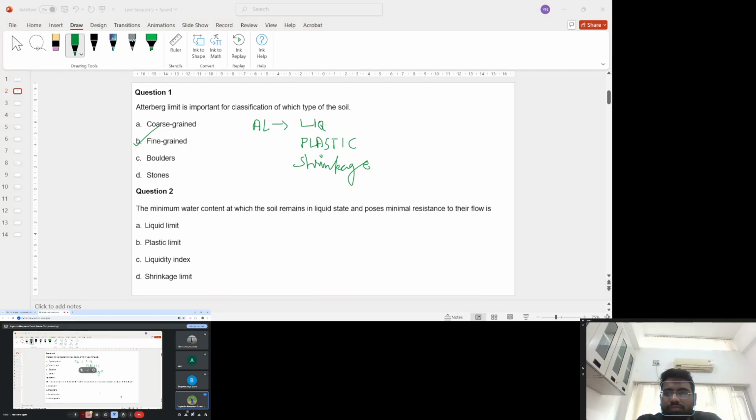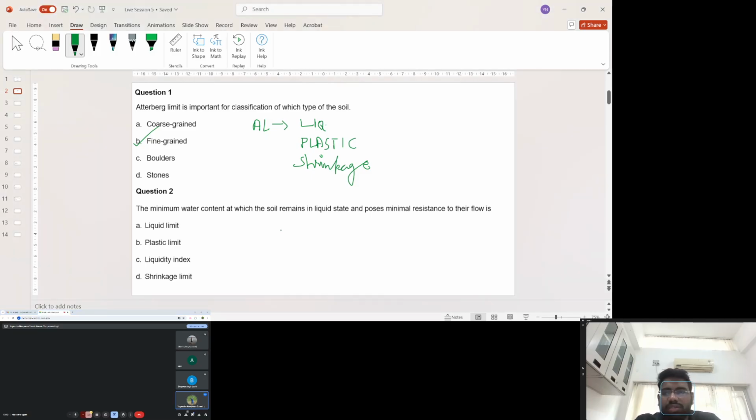Option A. As per the definition, liquid limit is the minimum water content after which the soil starts to behave as a liquid. That is, it starts to flow. It is in a slurry state. So that is liquid limit.